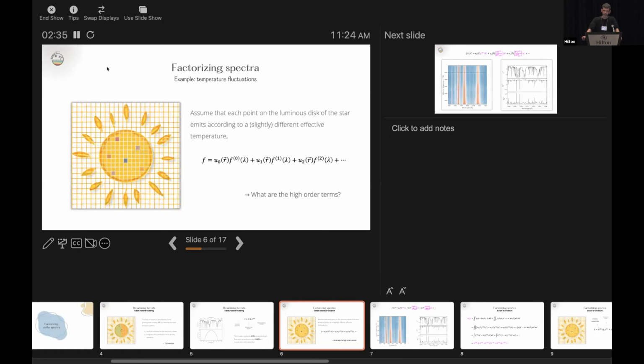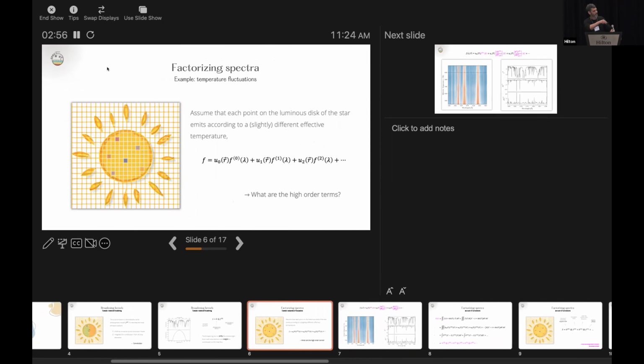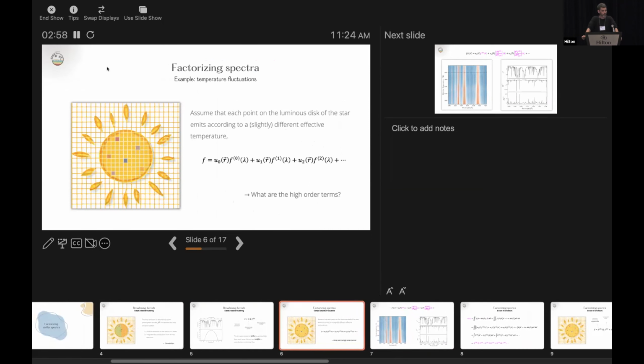And I will further assume that, even though each part emits slightly differently, I can represent the emission per area element as a series of functions. These are F naught, F1, and so on. Okay? What are these high order terms?